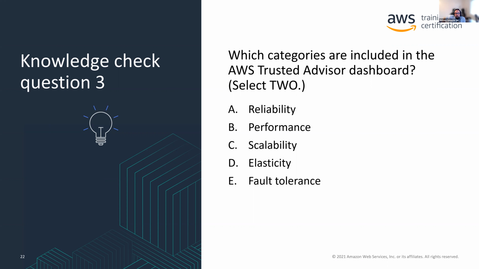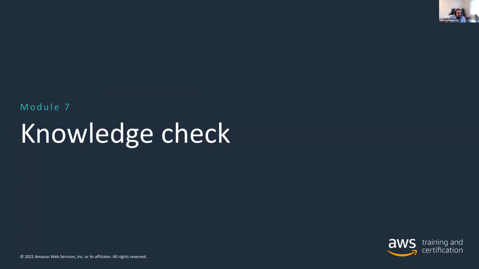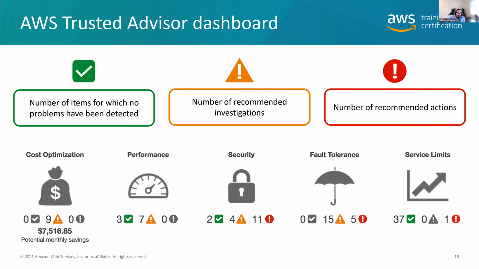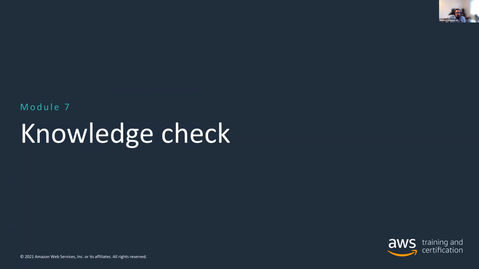Good. Yeah, it was performance and in this case, fault tolerance, right? Yeah, there's a third one that for some reason I forgot. Oh, security. God, how can I forget security? Cost optimization, performance, security, fault tolerance, and service limits. There we go.